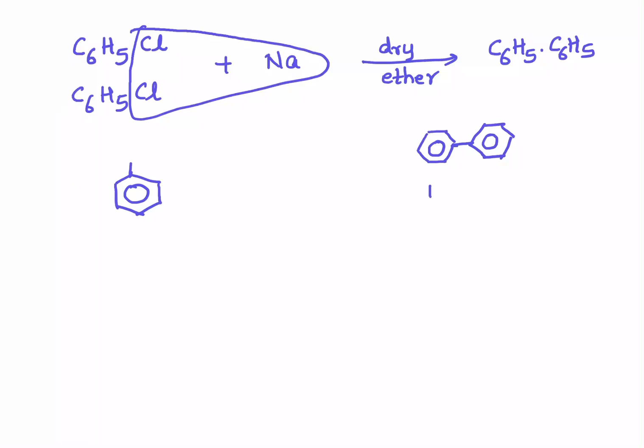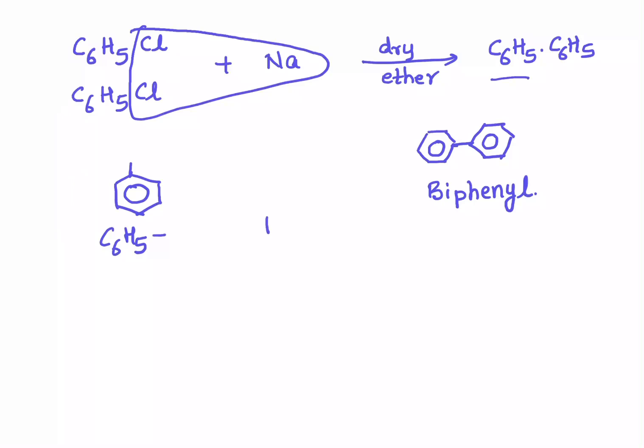So now what is this product that we've got? We've got biphenyl, right? C6H5 becomes phenyl. So we've got over here C6H5, single bond C6H5, that is biphenyl.